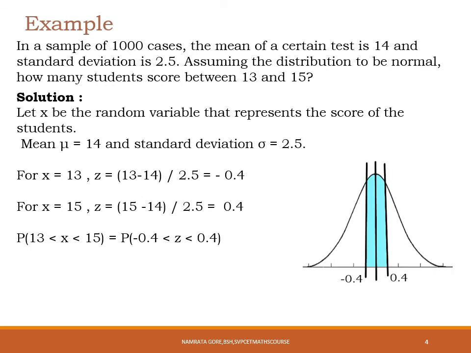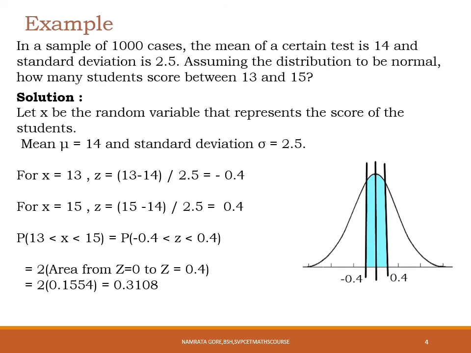For this particular bell curve, the area between minus 0.4 and 0.4 will be addition of the areas between z equal to 0 and z equal to 0.4 on each side. So we can simply make it as twice the area between z equal to 0 and z equal to 0.4.